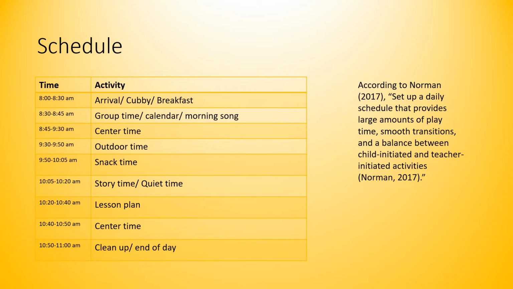From 10:20 to 10:40 is where we will do our little lesson of the day. So we'll be learning anything from like the letter B or maybe writing our names or something like that. From 10:40 to 10:50 is another center time where the students get to choose again where to go. And then from 10:50 to 11 is cleanup time / get ready to leave.